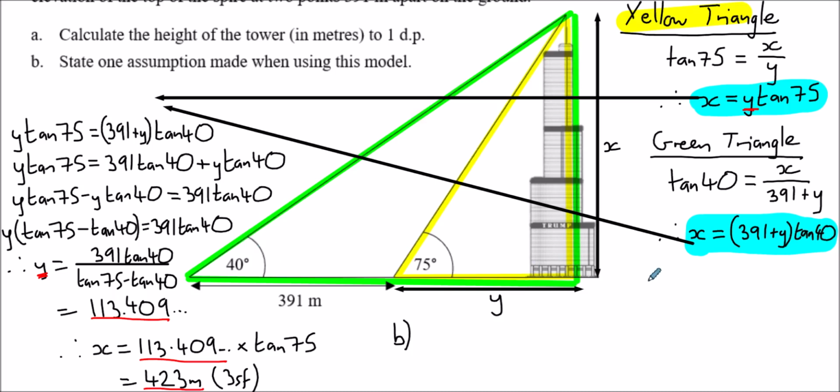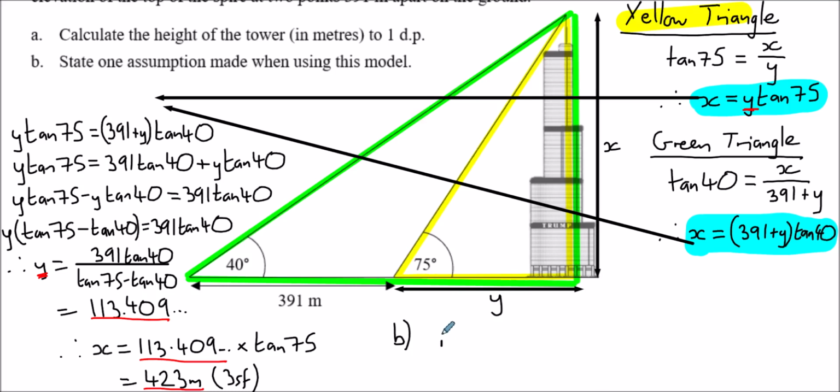What springs to my mind is that we're assuming the ground to be perfectly horizontal. If the ground wasn't perfectly horizontal, this would affect the accuracy of these angles. In real life, the ground is never perfectly horizontal. It might be pretty close, but often isn't quite at all.